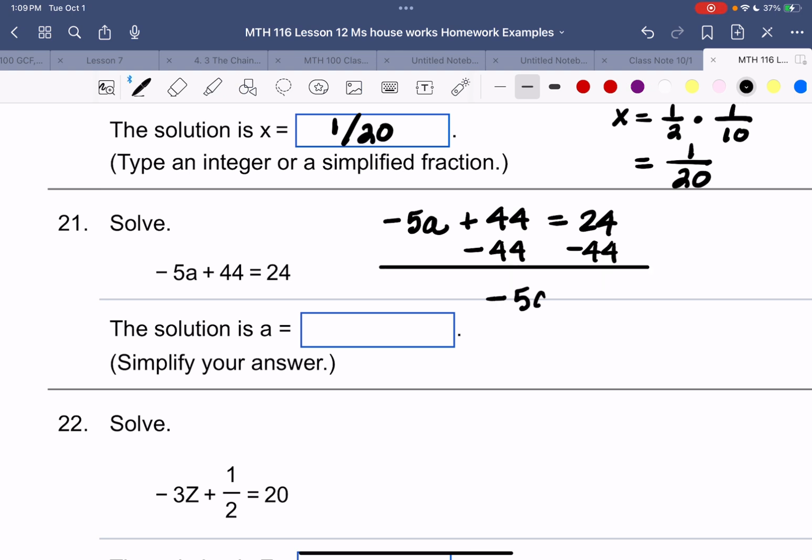Negative 5a is negative 20. 24 minus 44. Now I've got multiplication. I need to divide on both sides by negative 5. Negative 5 divided by negative 5 leaves a 1a, and I'll just write a. And a negative divided by a negative is a positive. A is 4.